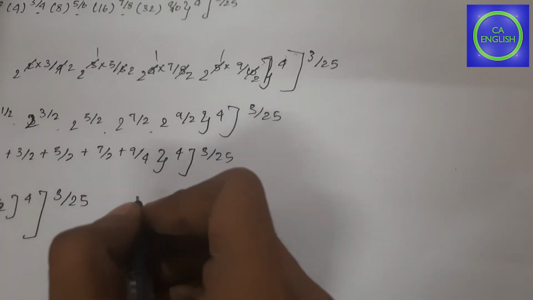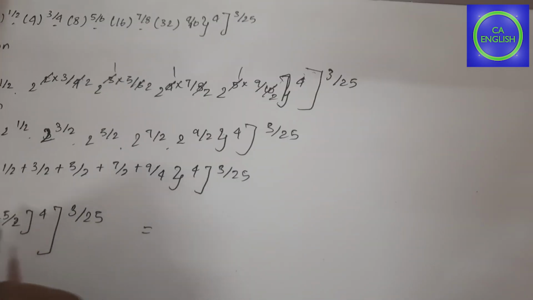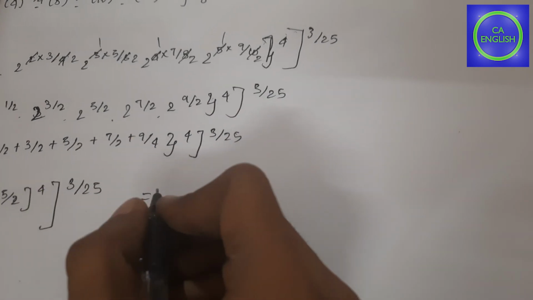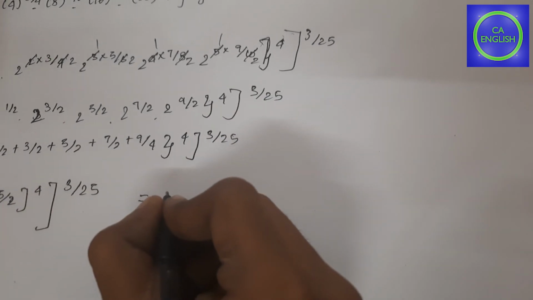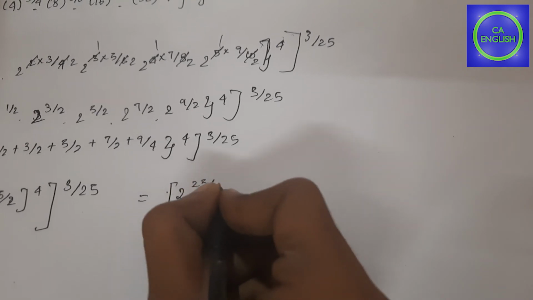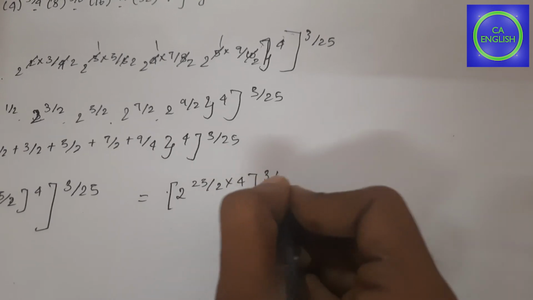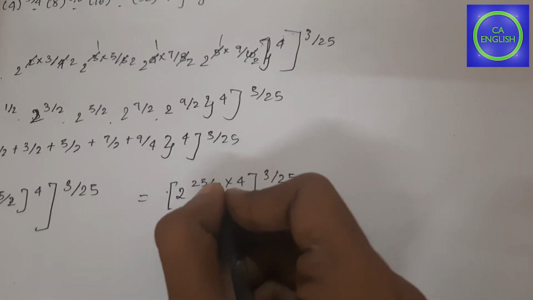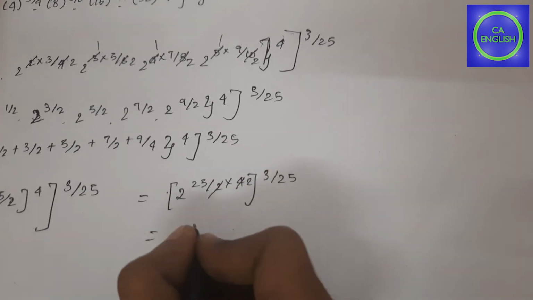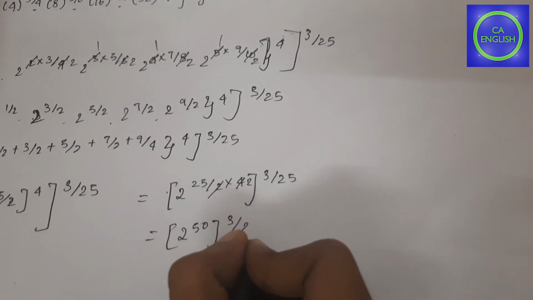Now we can use it and bring the 4 inside the power of 25 by 2. Okay, now 2 power 25 by 2 into 4, the whole power 3 by 25. Okay, now cancel it. Therefore 2 power 50 the whole power 3 by 25.